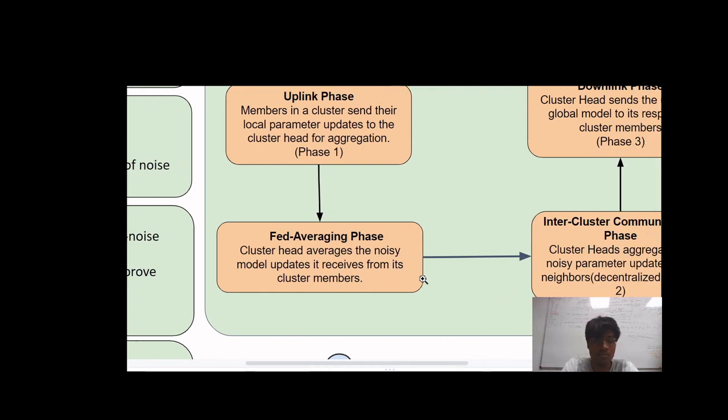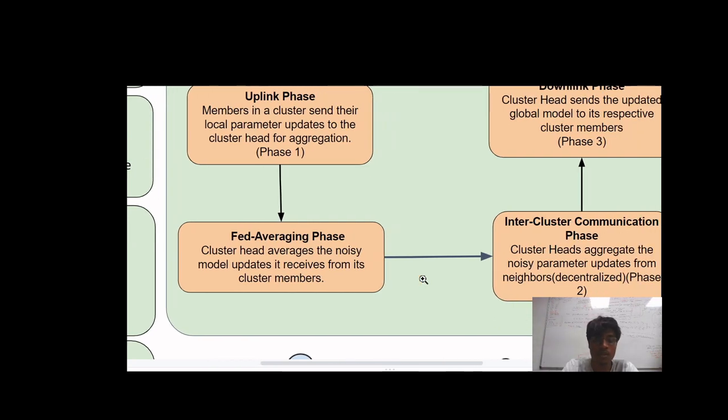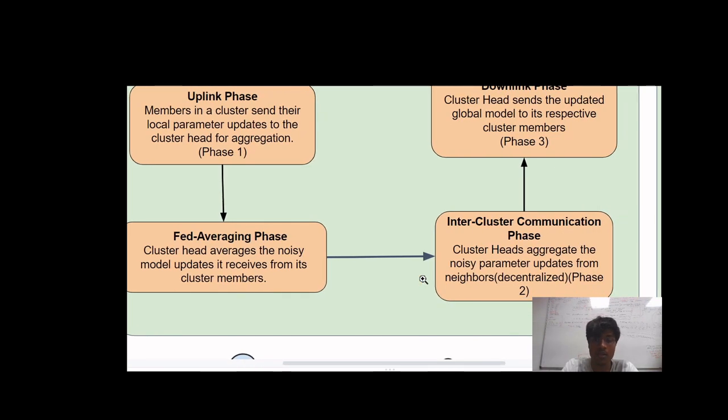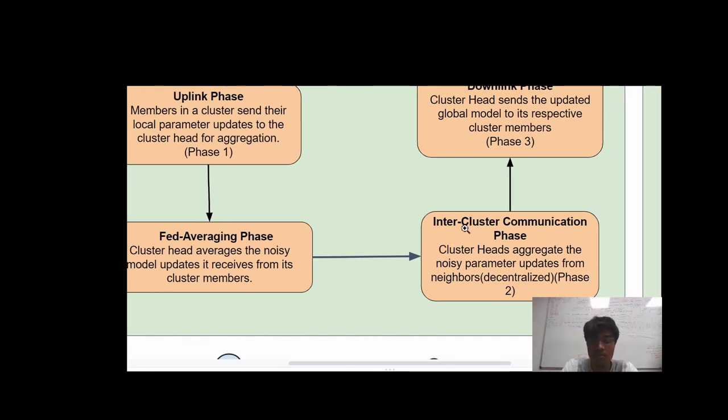Again, the cluster head will receive the model updates through a wireless channel, so the parameter updates would be noisy. But since we did take into account the best channels during the clustering phase, it would mitigate the effect of noise.